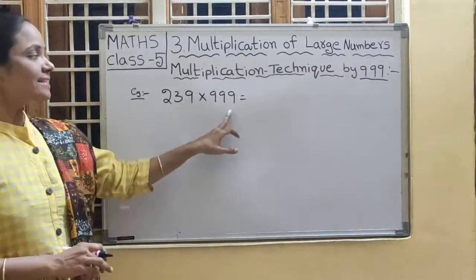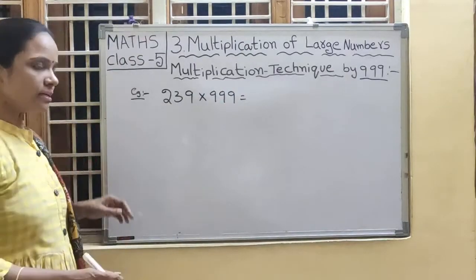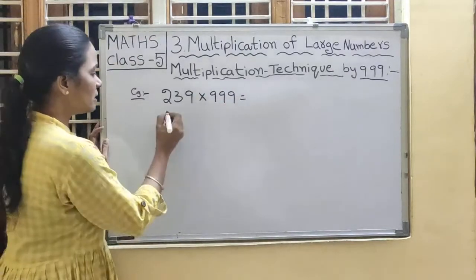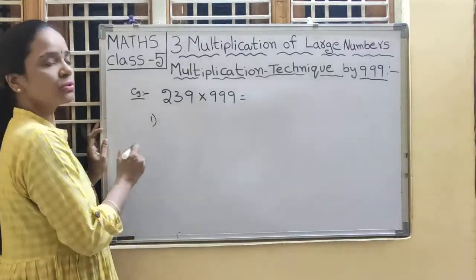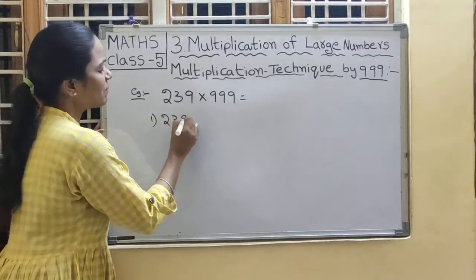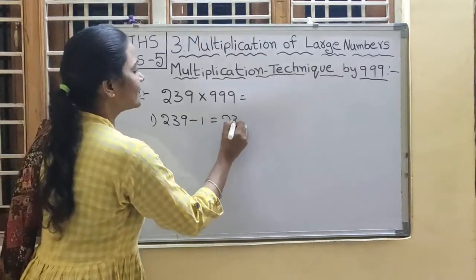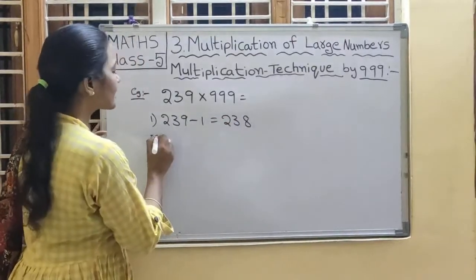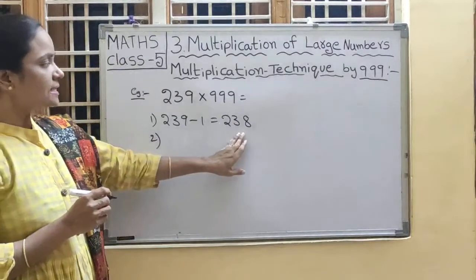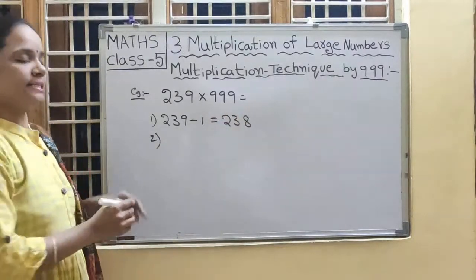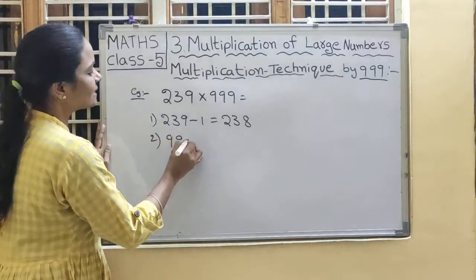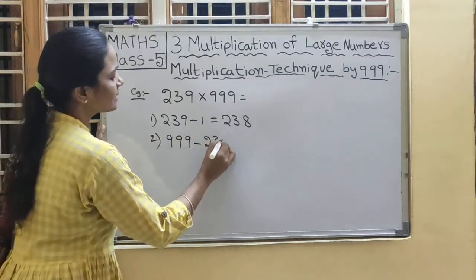239 into 999. Come on, start everyone. Do it in your books along with me. So first step, what do we have to do? 239 minus 1. How much? 238. What is the second step? This answer should be subtracted from 999. So 999 minus 238.